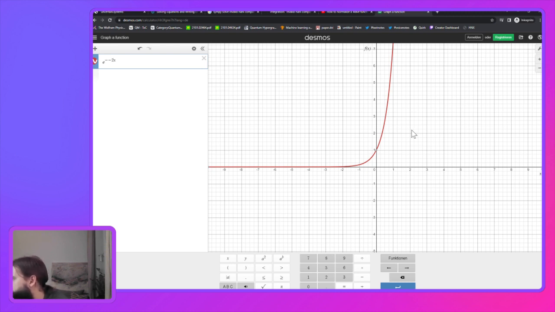If I don't put any bounds on this, it's the integral of e to the minus x or something like that.